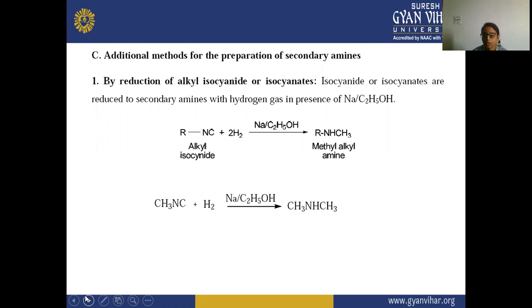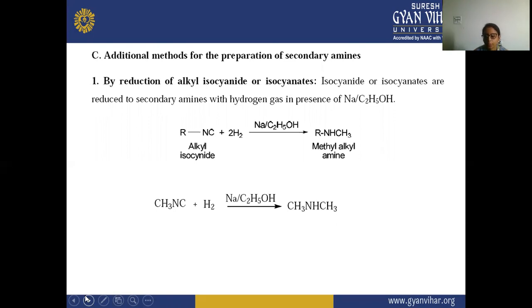The isocyanides are reduced to secondary amines with hydrogen gas in presence of sodium and C2H5OH. There is a formation of this alkyl isocyanide, and in this alkyl isocyanide there is a reduction occurring, the hydrogen is adding to this alkyl isocyanide in the presence of sodium or ethyl alcohol, and there is a formation of this methyl alkyl amine.